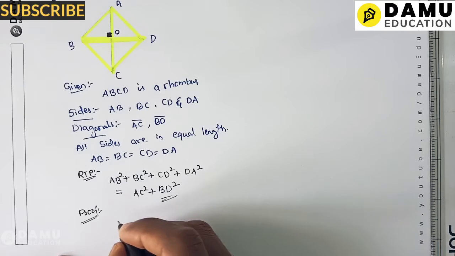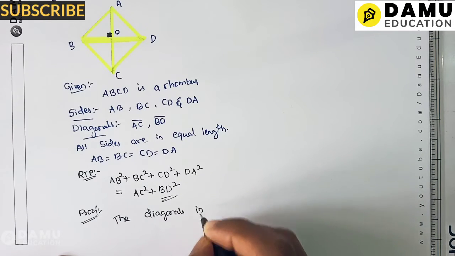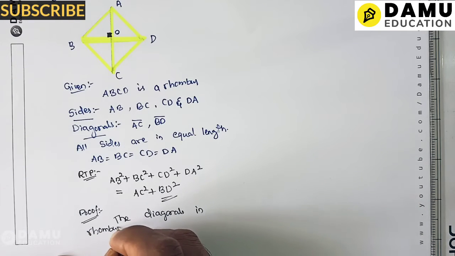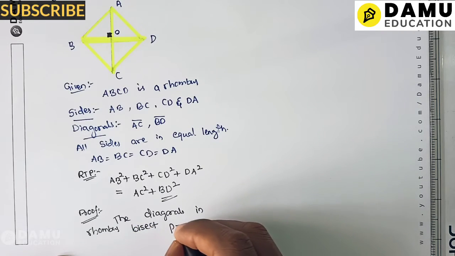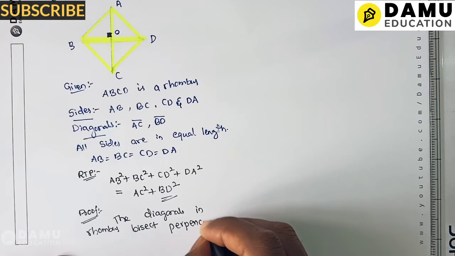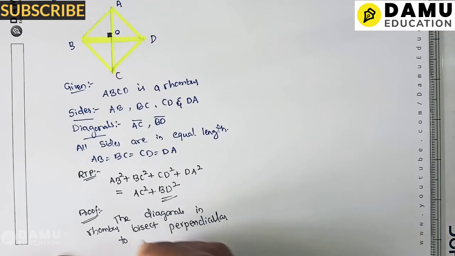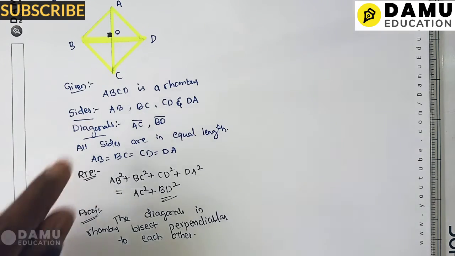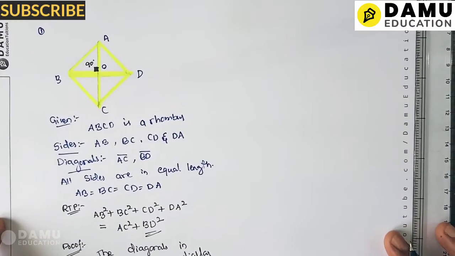So let's write: the diagonals in a rhombus bisect and are perpendicular to each other. These are perpendicular, that is 90 degrees. Perpendicular means 90 degrees.